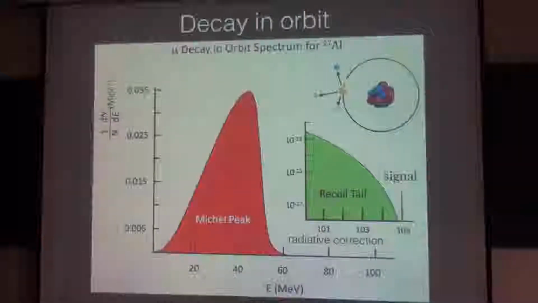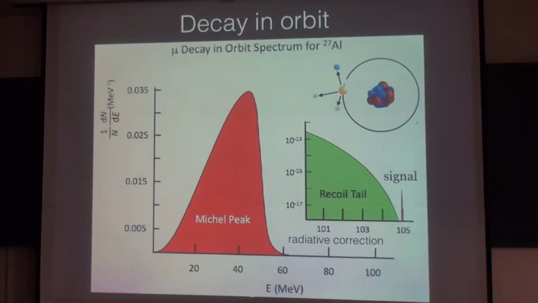So the spectrum will be corrected a little bit, called radiative correction, and it has a very, very long tail all the way to our signal region. This long tail falls off very quickly, but nonetheless, if we are talking about 10 to the minus 16, it's still substantial in this region. And the signal will be like that here. So what we want to do is, amid all these backgrounds, see an excess at the endpoint.